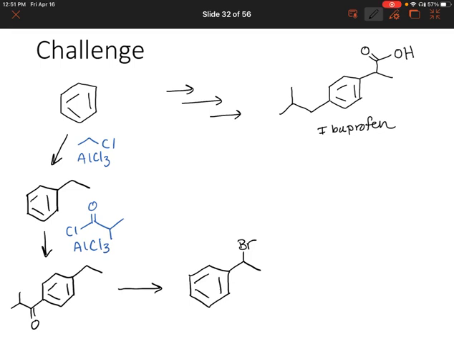So I do actually want to keep my acyl group an acyl group. I don't want to reduce it just yet because the acyl group has a benzylic position as well. So that carbonyl group is acting as a blocking group for now. So that bromine will only add to the ethyl group. Now, to add that bromine to the benzylic position, I'm going to use NBS and heat.